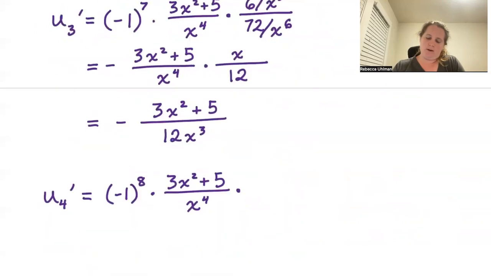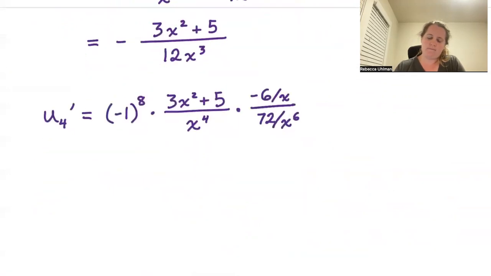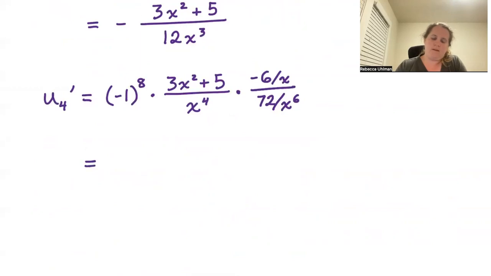So we will multiply by -6 over x over 72 over x to the 6th. -1 to the 8th is positive.